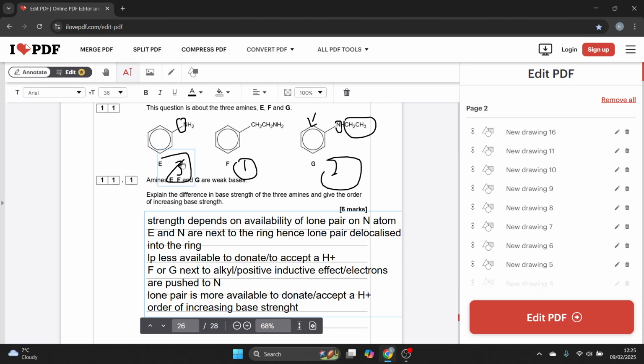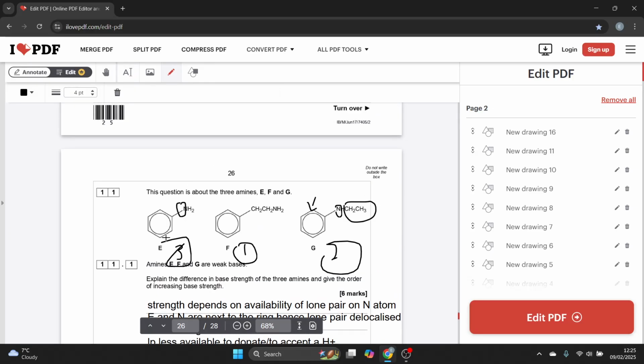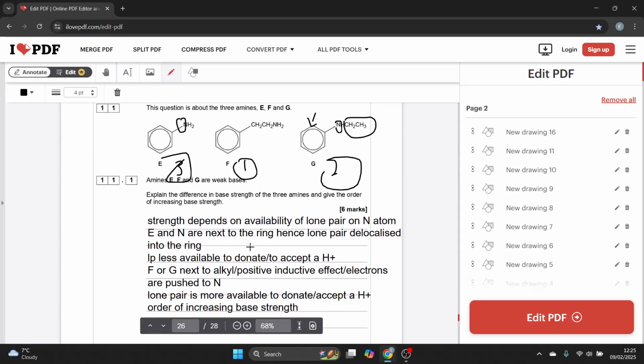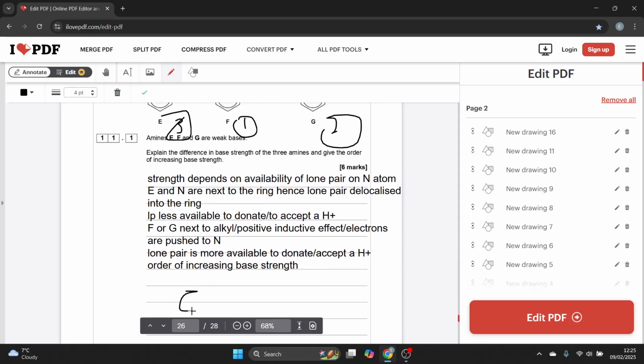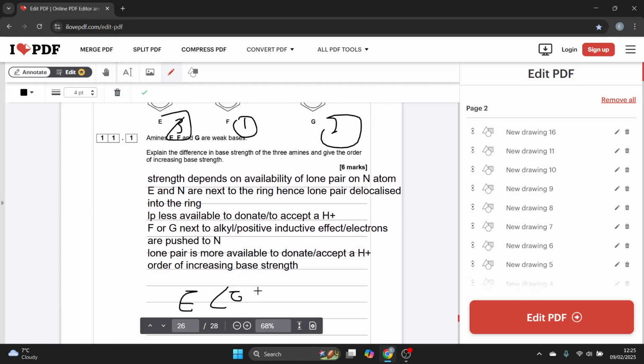So I'm going to go from the weakest to the highest. I know the weakest is E because the nitrogen is directly attached to the ring, the lone pair can be delocalized into the ring, plus it's not got those positive inductive alkyl groups pushing electrons to N. So it's going to be E, then G, and then F.